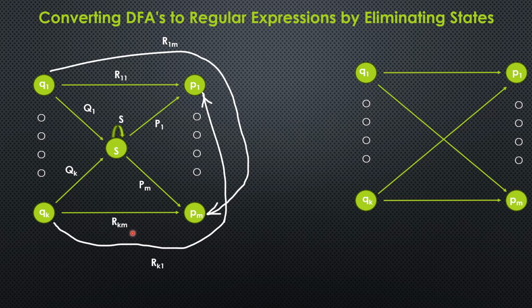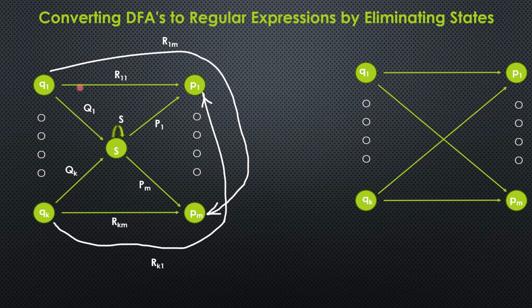So the input RKM is given to qk such that it is transiting to small pm. And this R is the transition from Q to P directly without transiting through S. So R1M is the transition from q1 to pm. Similarly, RK1 is the transition from qk to p1.